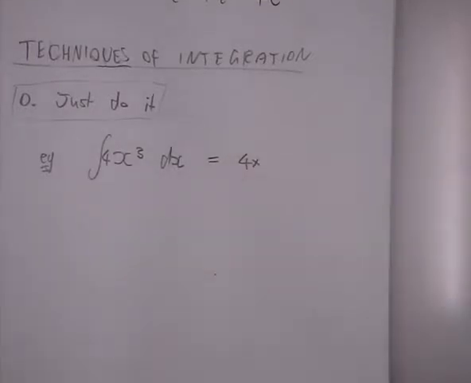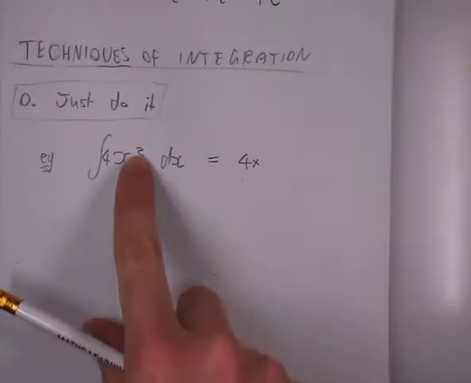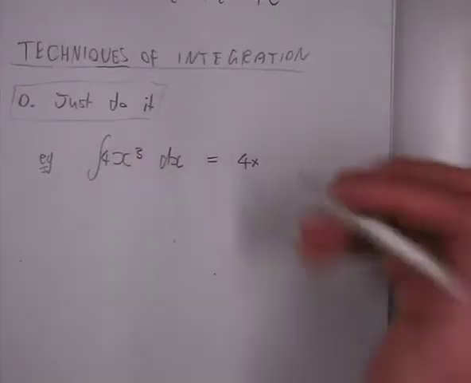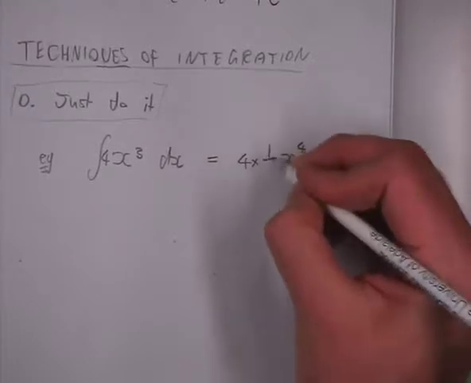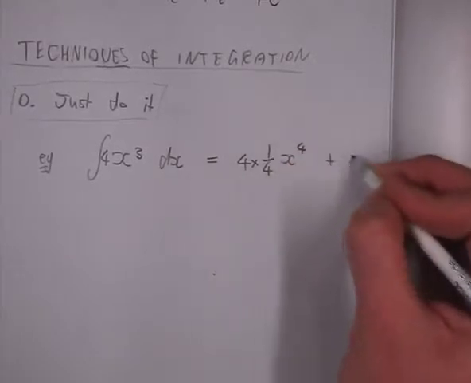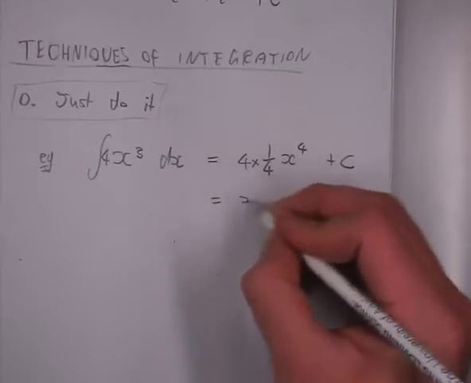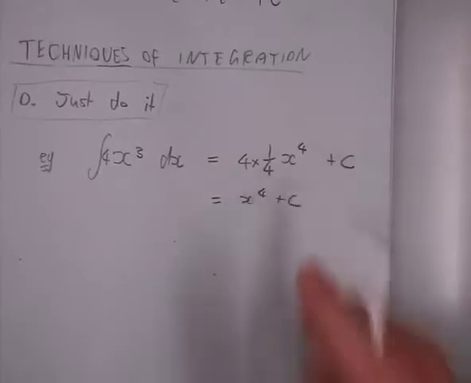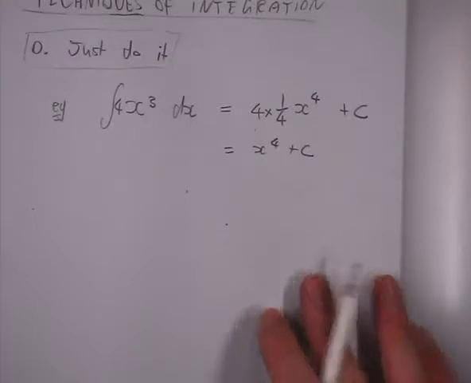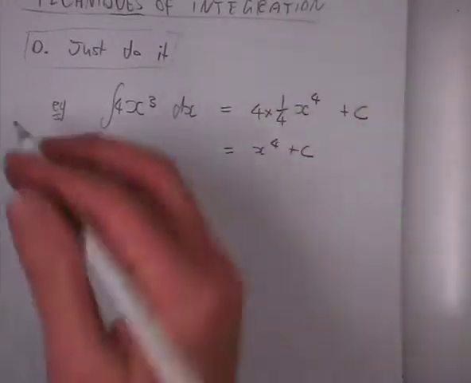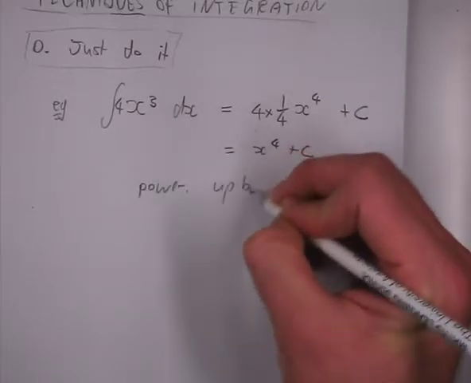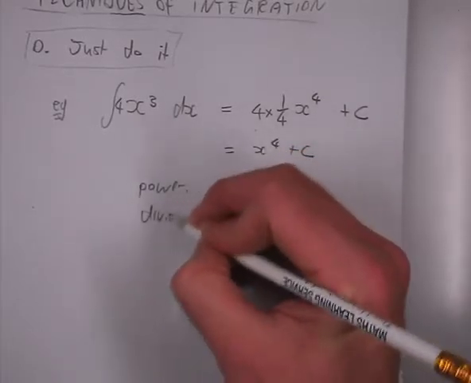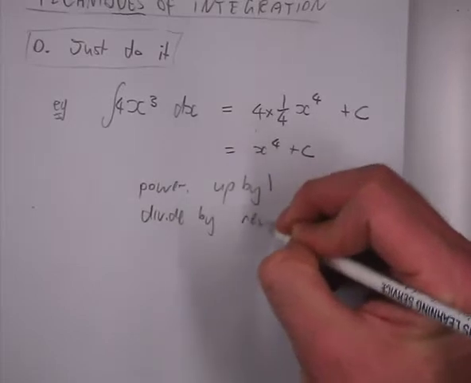That's one of the basic rules. And the other basic rule of integration is if you see a power, then your power goes up by 1, and you divide by the new power. So under this category we have: power up by 1 and divide by new power.